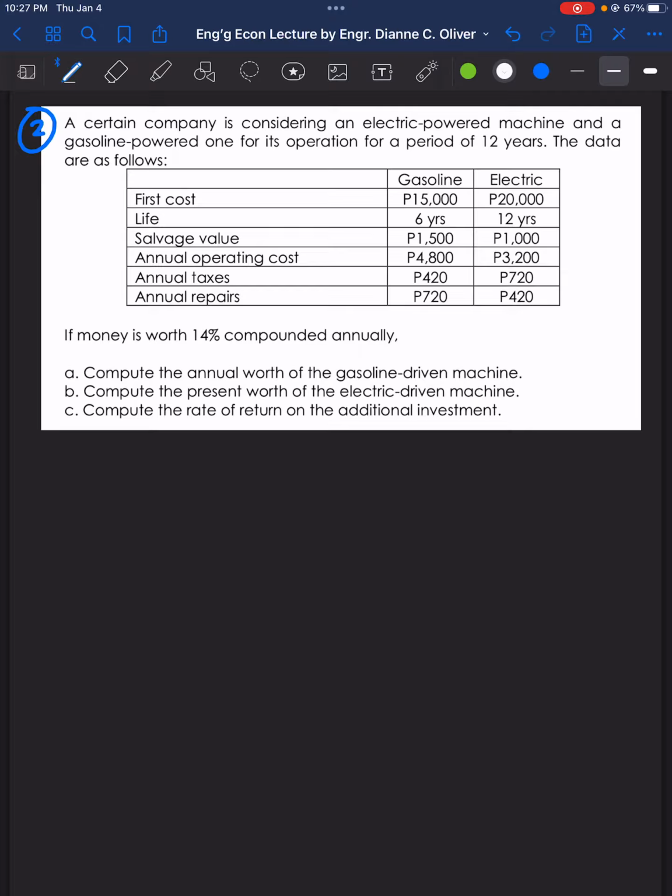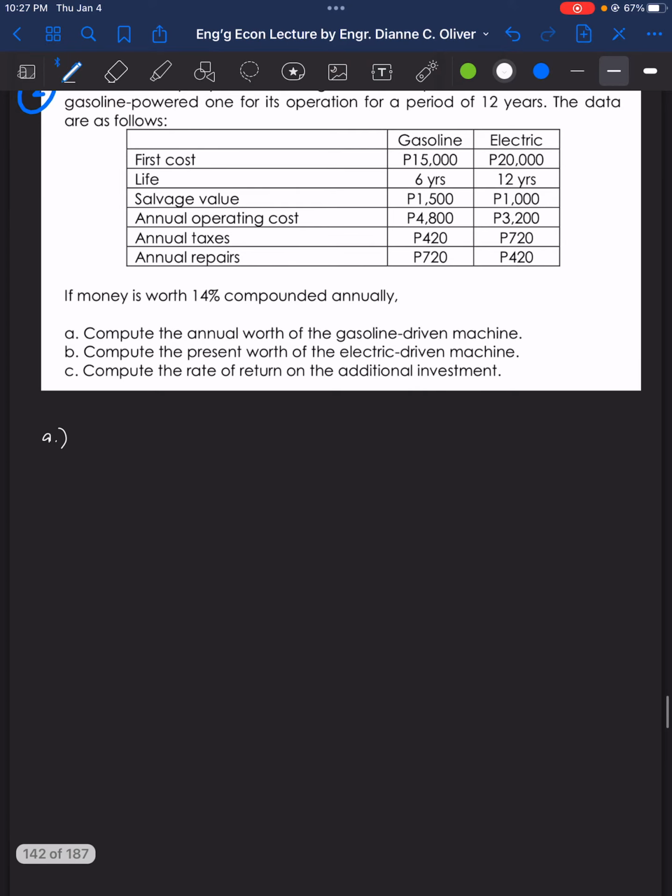So for letter A, the first one is annual worth. Annual worth of gasoline driven.